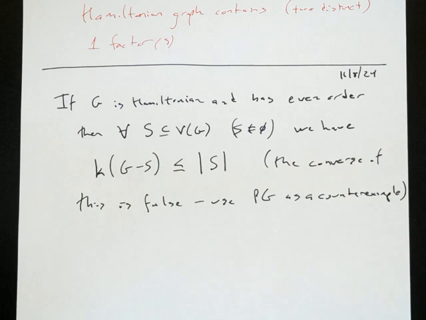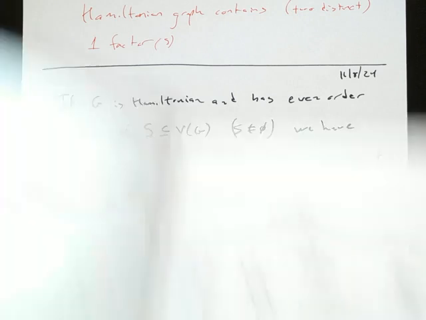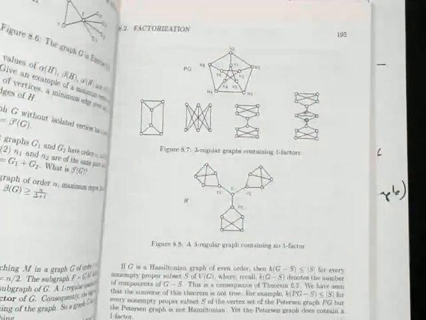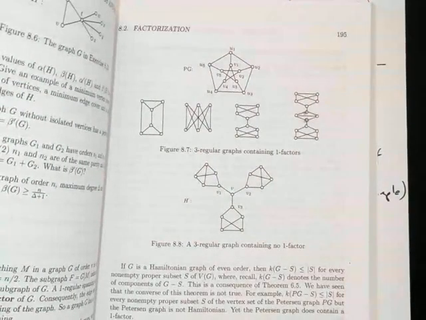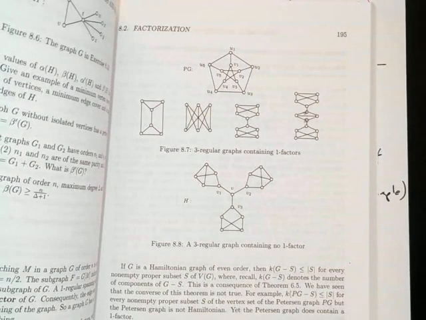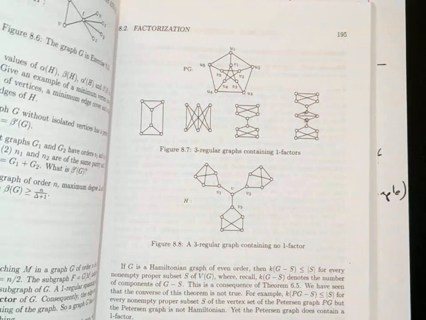On Wednesday, we looked at a graph that had a cut vertex. When I pulled that cut vertex, I was stuck with three components, right? So the number of components is bigger than the size of the set of vertices I remove. But what's worse is that none of those other components had even order.